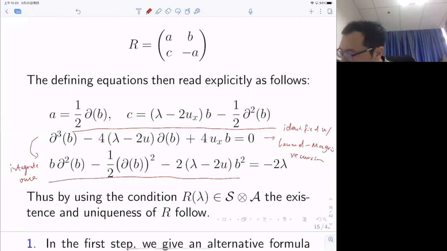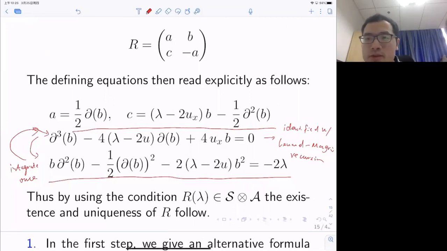From this quadratic equation, it's easy to see the uniqueness. We can also go the opposite way: integrate once, and you differentiate to get the linear equation. From the quadratic equation you get uniqueness, and the compatibility comes from differentiating this quadratic equation. Here is the second order equation, here is the third order. You differentiate once, and then you get this Lenard-Magri recursion.